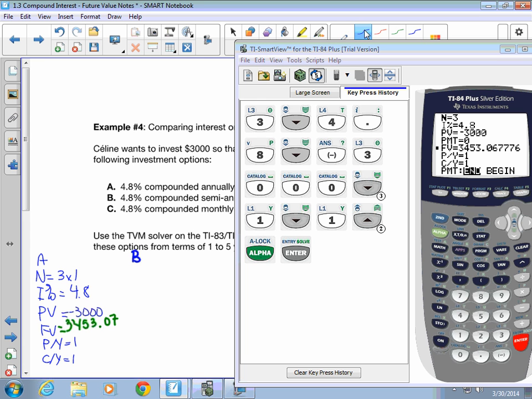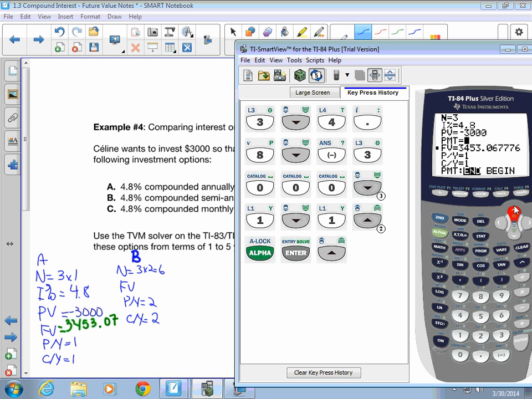Now option B, everything will stay the same except our N. This is semi-annually, so that's going to be 3 times 2, which gives me 6. Interest is the same, present value is the same, future value we're trying to find. Payments per year is 2, and our compound periods per year is 2.